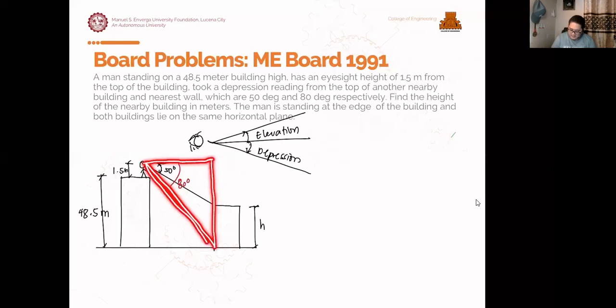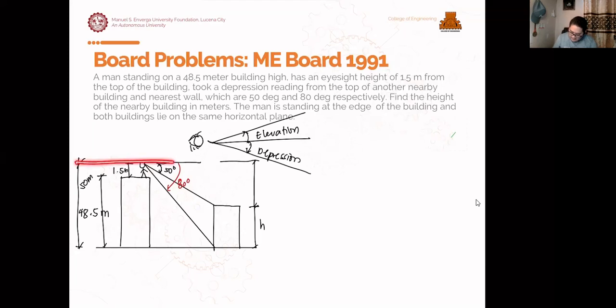Okay? Na pag i-identify natin yung height niya, so yung pinaka total height mula dun sa eyesight ni man papunta dun sa bottom ng building kung saan siya nakatayo is 48.5 plus 1.5, which is equals to 50 meters. Okay? And then, kung i-measure natin to, so magka-level to dito, no?